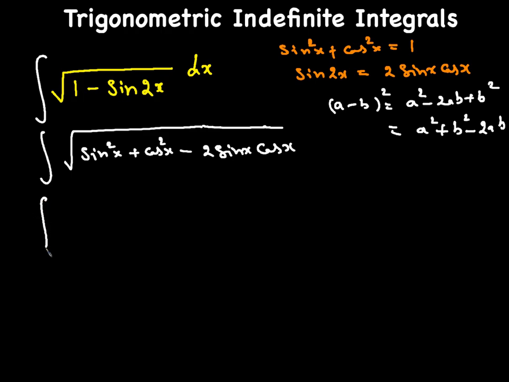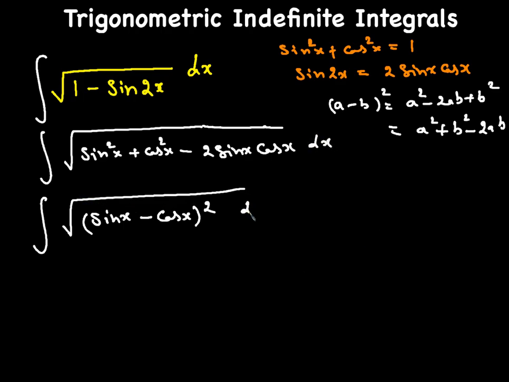So that gives me, inside the integration, sine x minus cosine x whole square, right? So like this formula, and dx, and this square root will cancel the square. So we're left with integration of sine x minus cosine x dx.